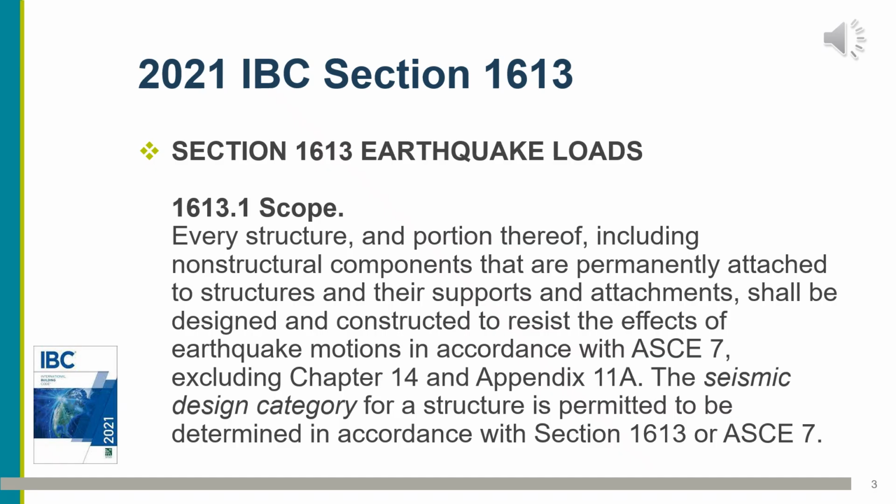The seismic design category for a structure is permitted to be determined in accordance with Section 1613 or ASCE 7. Now, the edition of ASCE 7 is referenced in your code book, so whichever code book you have will give you the current edition of ASCE you need to look at, and you'll be looking at Chapter 13, just a brief couple of paragraphs there in 13.